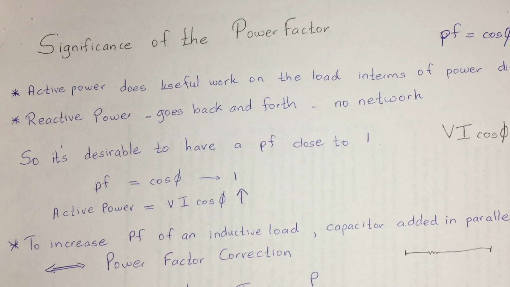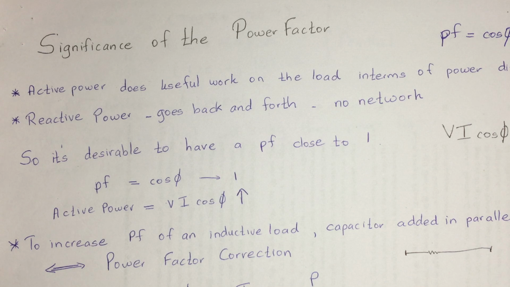So in the concept of the significance of power factor, we can directly say the active power is doing useful work for us. It's going to dissipate that energy to us. Yes, it might have loss. The problem is we can't get that energy from the reactive power.